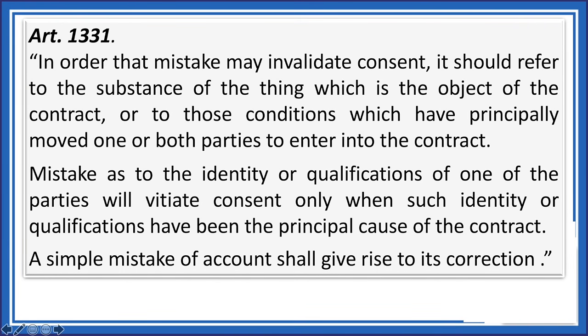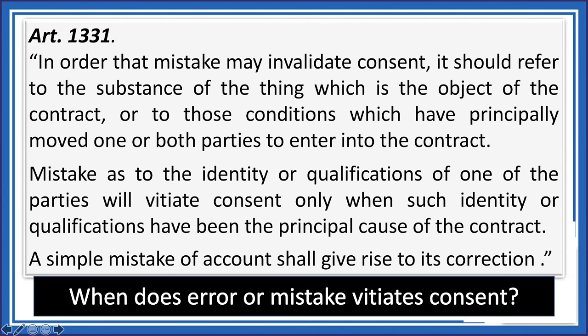Now, medyo mahaba tong provision na to, pero simple lang at madali lang ang ibig niyang sabihin. It just answered the question ganito. When does mistake or an error vitiate consent? Okay? Kailan mo ba masasabi na yung mistake or yung error na yon is sufficient to vitiate consent? Now, Article 1331 says that ito yung mga requisites for mistake to vitiate consent, ha?